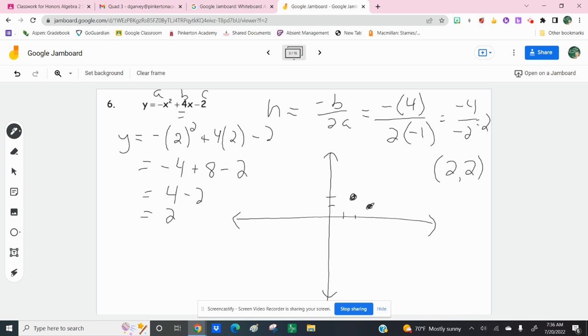Then I'm going to go over 1 in the negative direction and down 1. Then I'm going to go over 2 and down 4, 1, 2, 3, 4. Then I'm going to go in the negative direction, 1, 2, and down 1, 2, 3, 4. And then I can create that parabola. So there you go. If you have more questions, let me know.